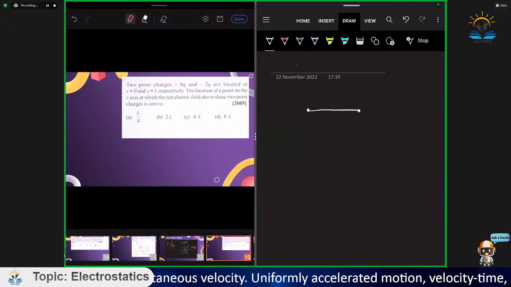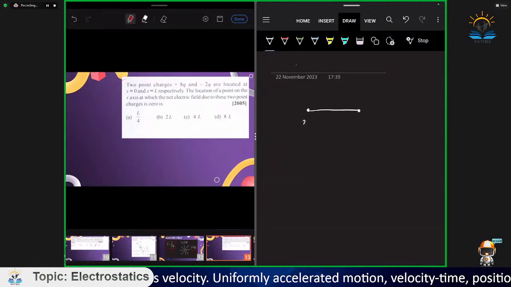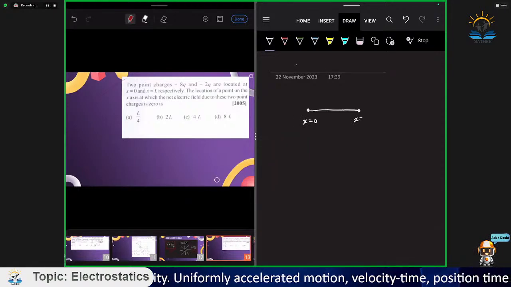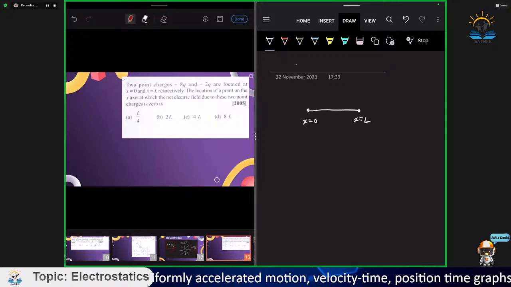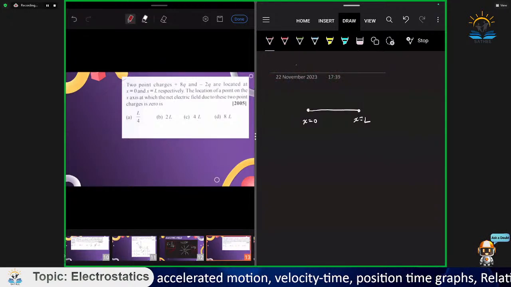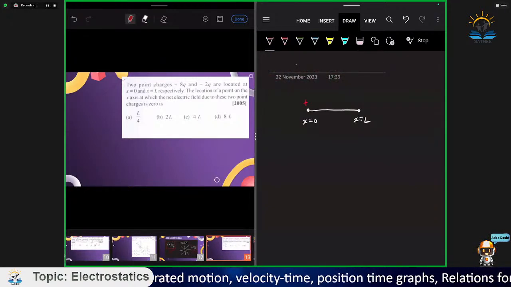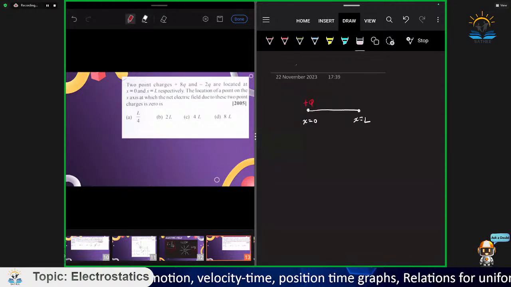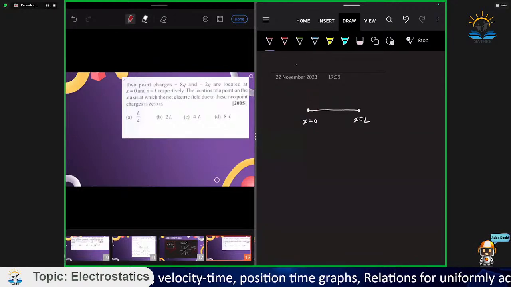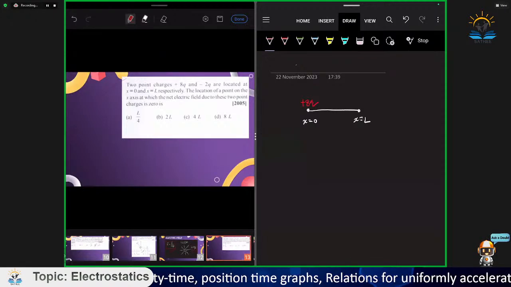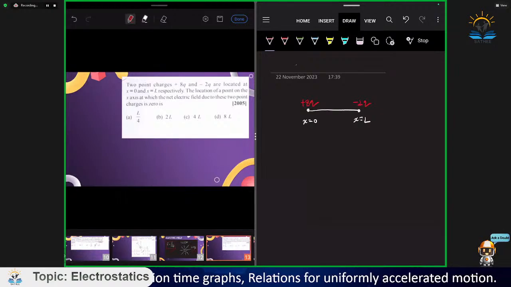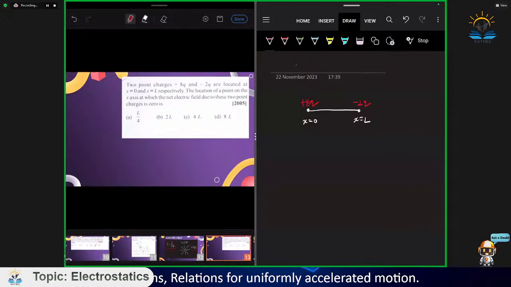So this is x is equal to 0 and this is x is equal to L. Two point charges, at x is equal to 0 plus 8q and at x is equal to L minus 2q. The location of a point on the same axis.